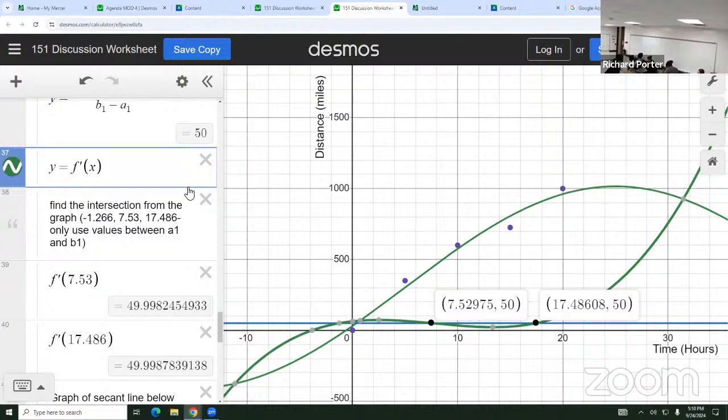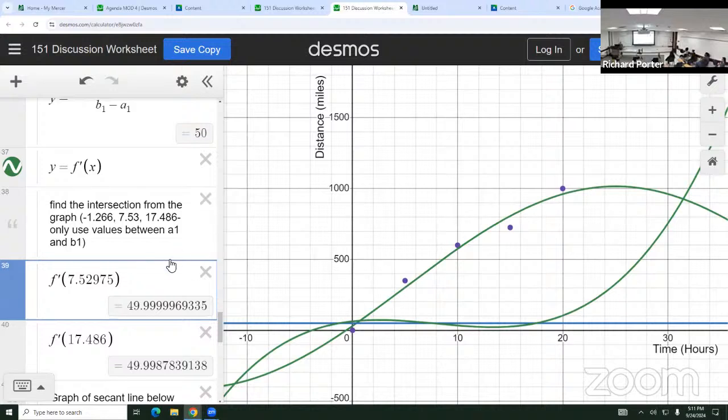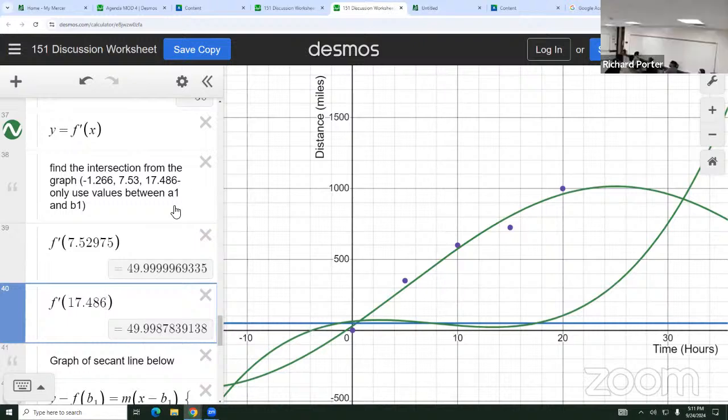Say the average rate of change is 50, the instantaneous rate of change is 52975. I get even closer to 50. Earlier Desmos only gave me 3 decimal places; now it's giving 5. All right, so you have 2 things.